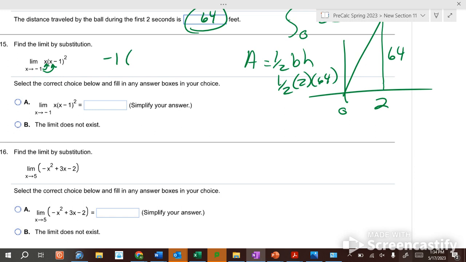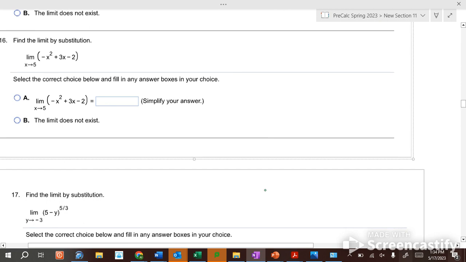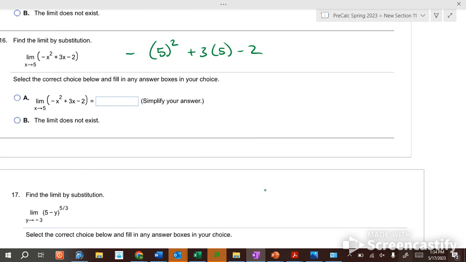So it's -1 times -1 minus 1 squared, which is -1 times -2 squared, which is -1 times 4, which is -4. Okay. Anything stopping us from sticking in the 5 there? No. So it's the negative of 5 squared plus 3 times 5 minus 2. So it's -25 plus 15 minus 2, or -10 minus 2, which is -12.